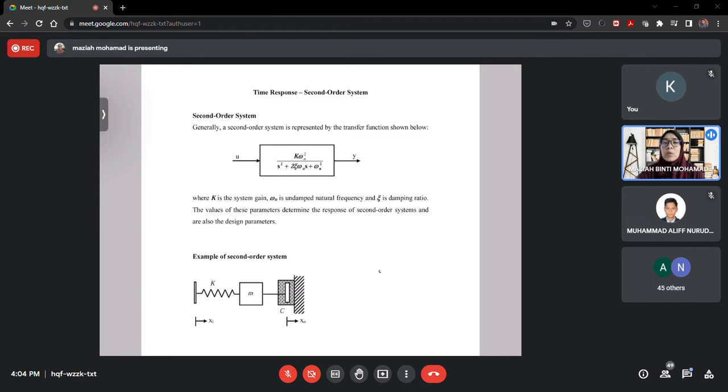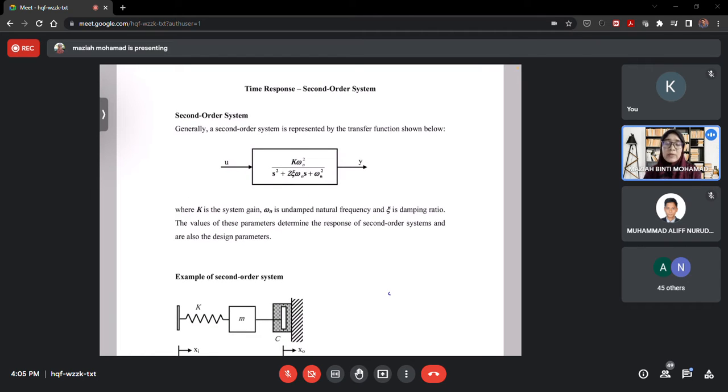We want to see how a second order system behaves and what parameters describe its behavior.